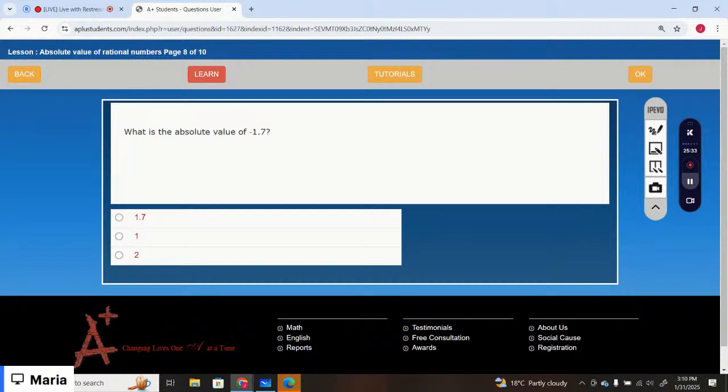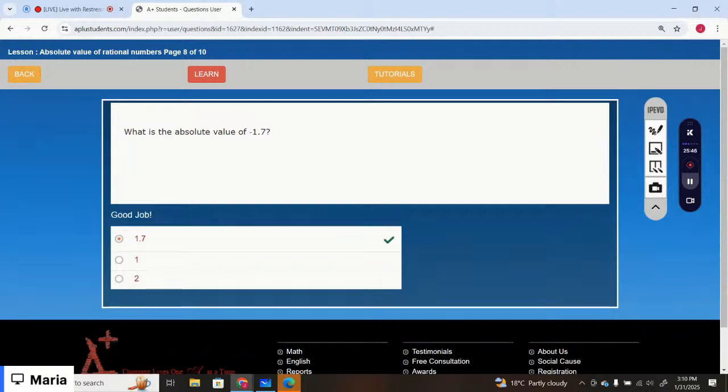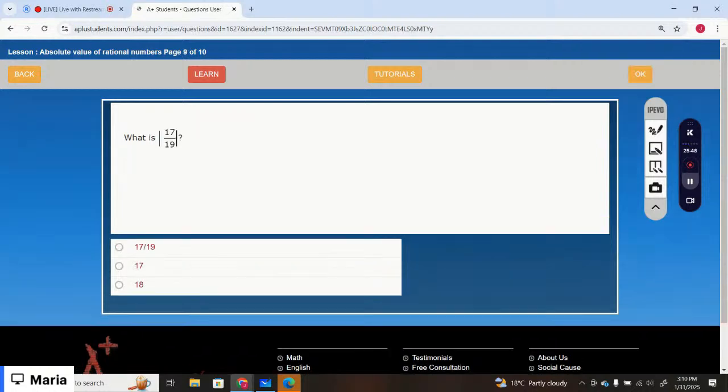What is the absolute value of negative 1.7? So which is the correct option? 1.7 it is. Option one is the correct option. Very good.